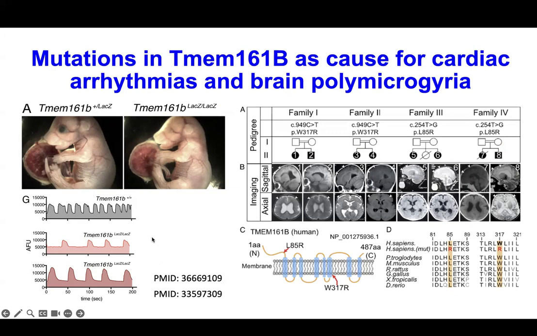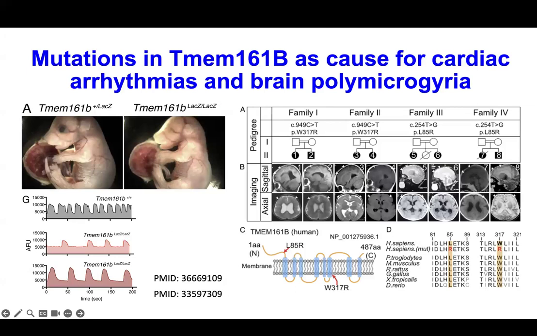And so most of the mutant homozygotes die immediately after birth, and a few survivors are able to persist just a few weeks after birth, but they show very striking cardiac arrhythmia, eventually leading to death of the homozygote.